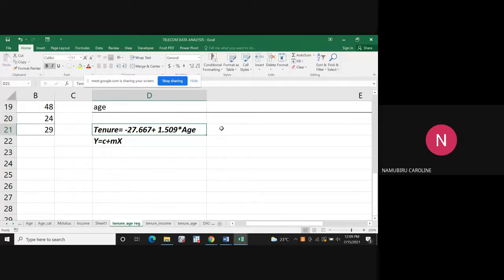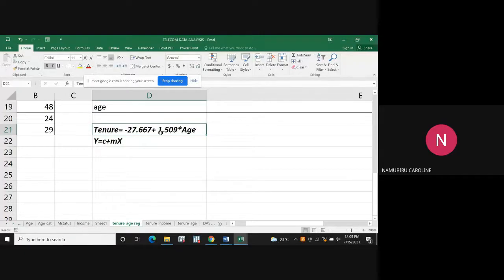An increment in age by 1 year is going to increase tenure by 1.51 months, holding other factors constant. Of course, on average, we normally add the words on average because regression measures the changes.